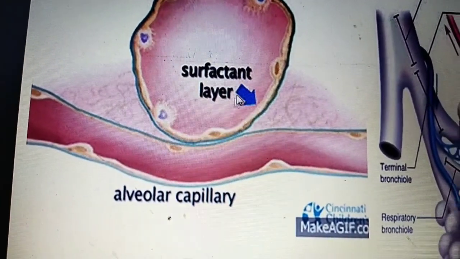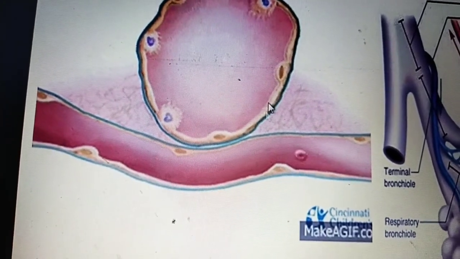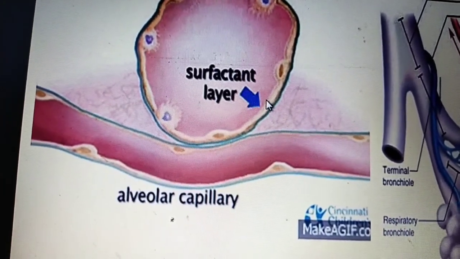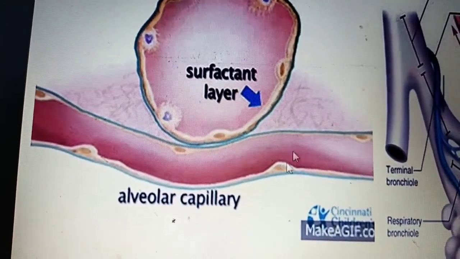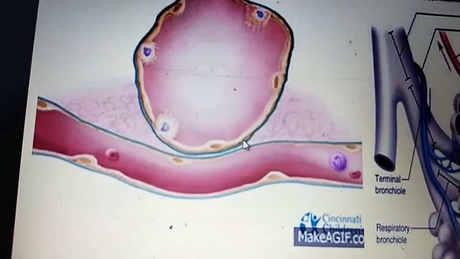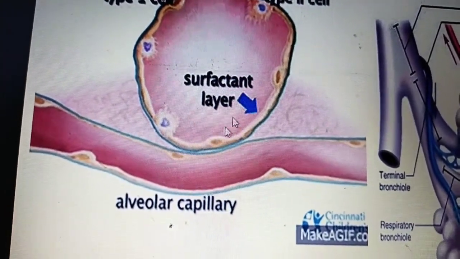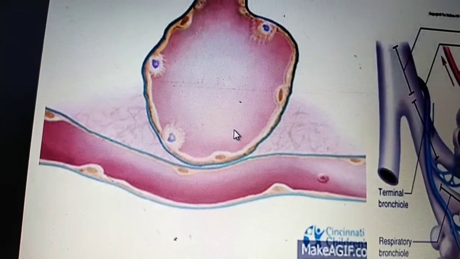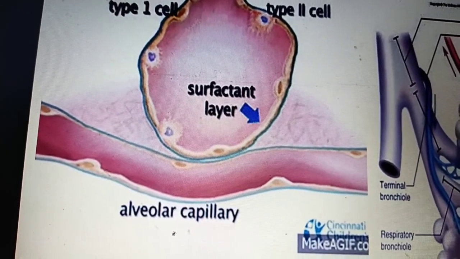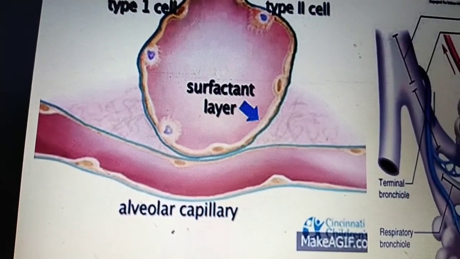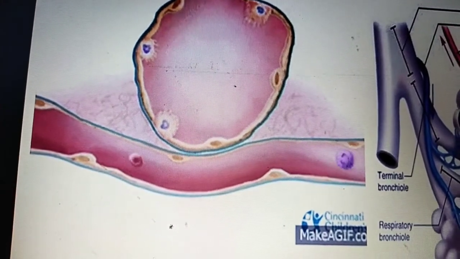If this surfactant is destroyed or injured, the patient suffers from ARDS, acute respiratory distress syndrome.